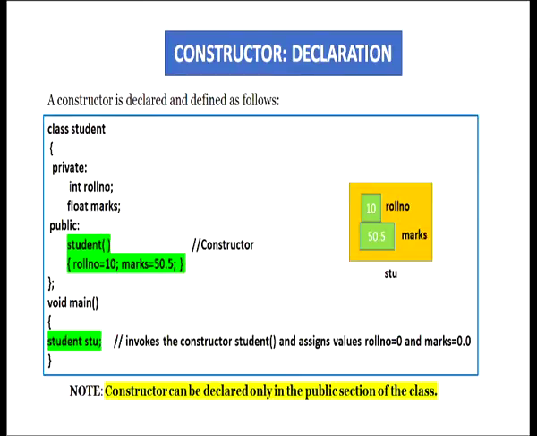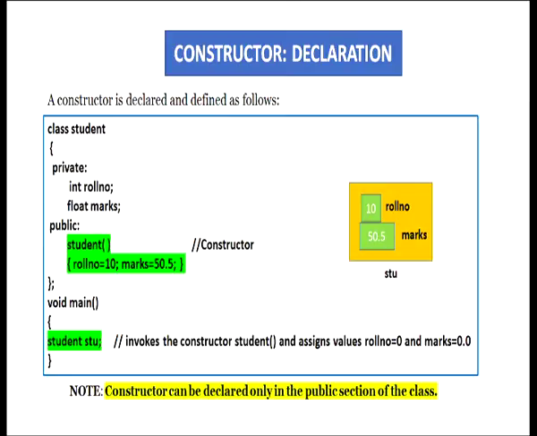So, let us declare a constructor. A constructor is declared and defined as follows. We take an example of a class student with private data members as roll number and marks. In the public section, we will define a constructor of this class. We can see here the constructor has the same name as that of the class followed by parenthesis.